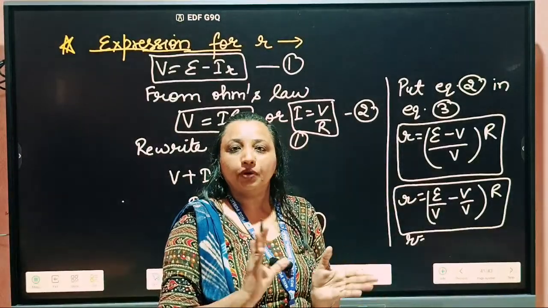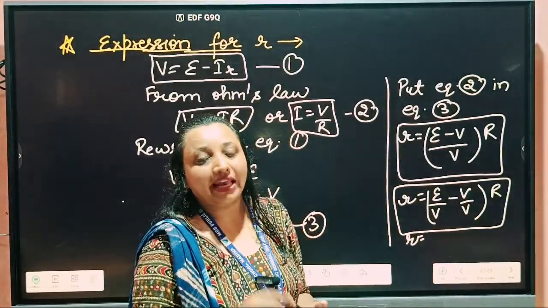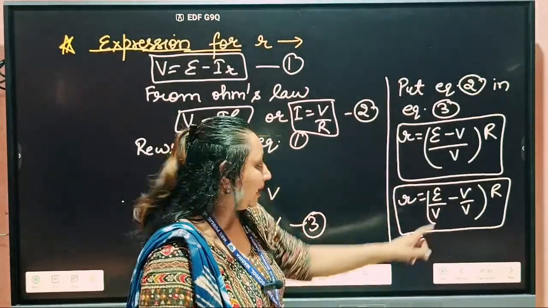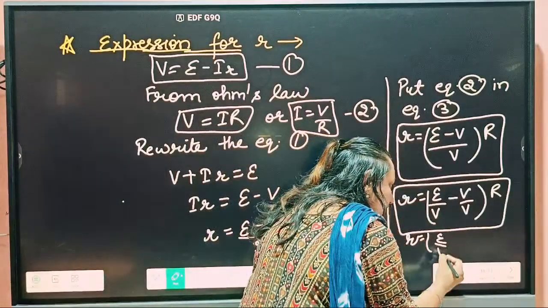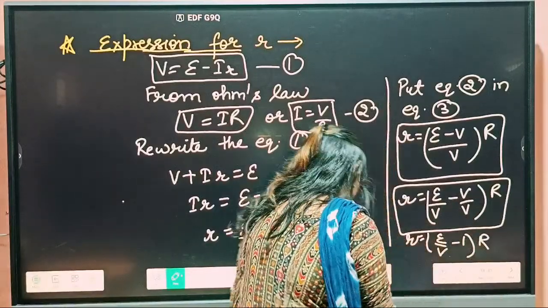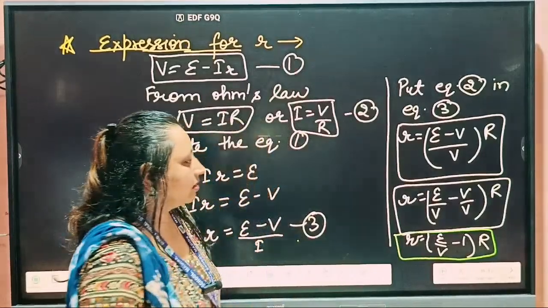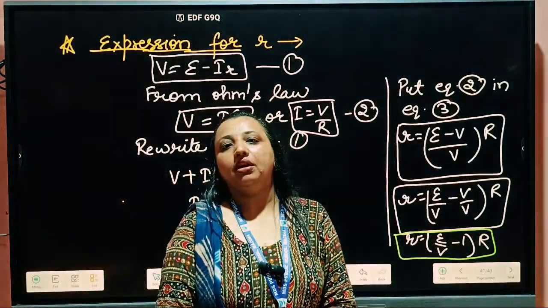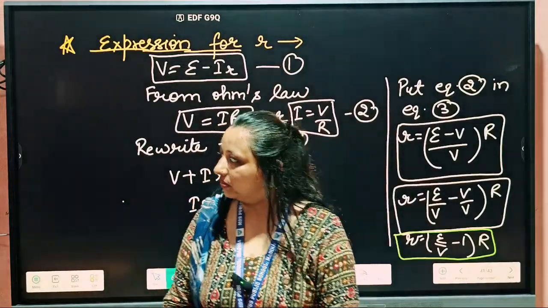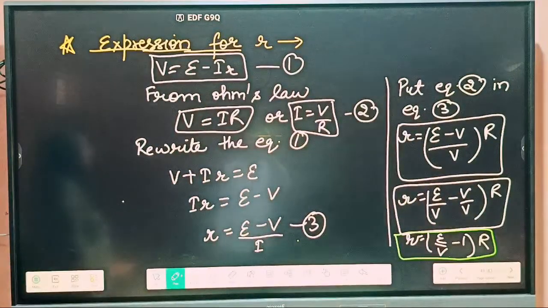When we talk about potentiometers, we use this relation to find the internal resistance, putting the values of L1 and L2 in place of E upon V. The final expression is internal resistance equal to E by V minus 1, into R. So here the internal resistance topic ends.